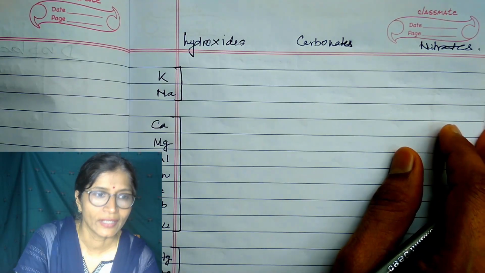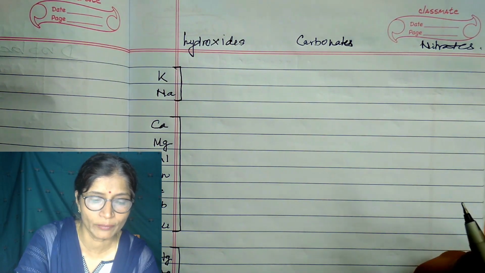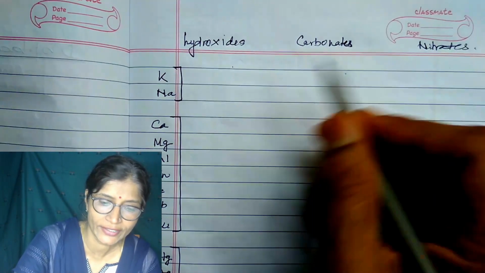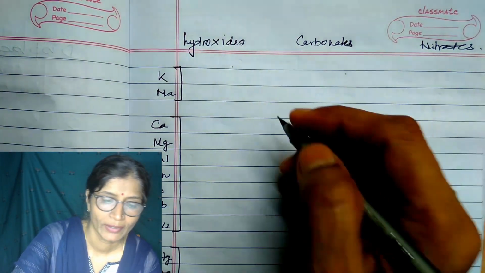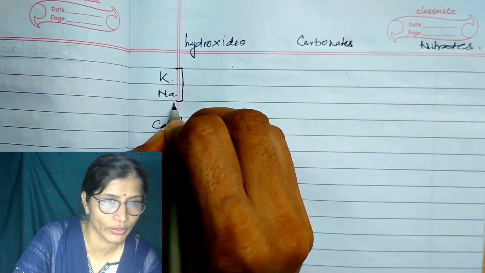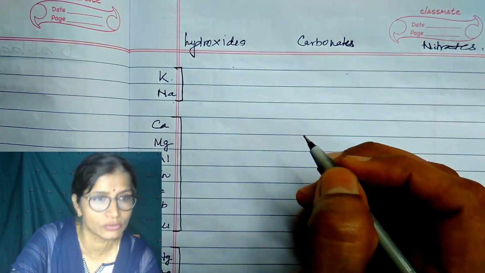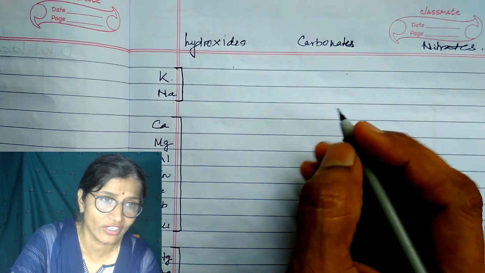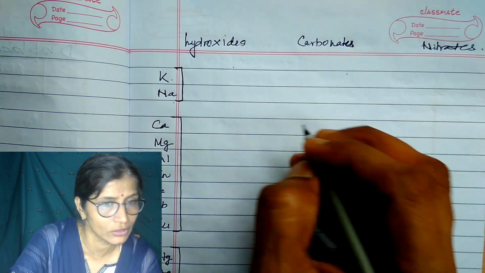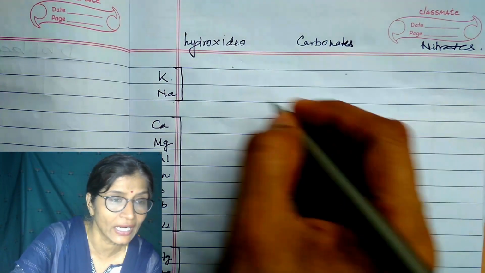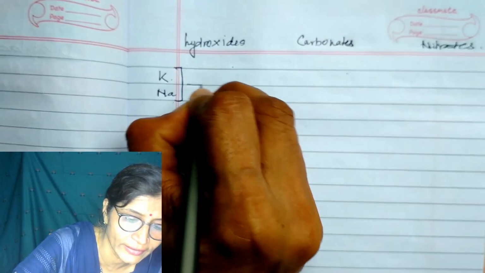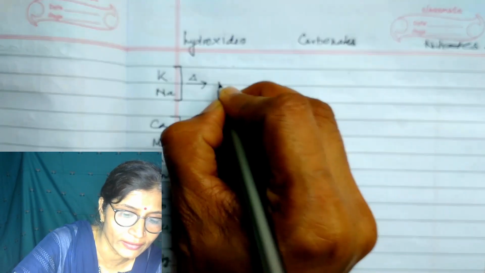Okay. Now we will discuss the decomposition of hydroxides, carbonates and nitrates of metals. Now if it is a hydroxide of potassium or sodium, then they are stable towards heat, meaning they will not decompose on heating. For example, potassium hydroxide or sodium hydroxide, because they are highly reactive metals. So when they are heated, nothing will happen.